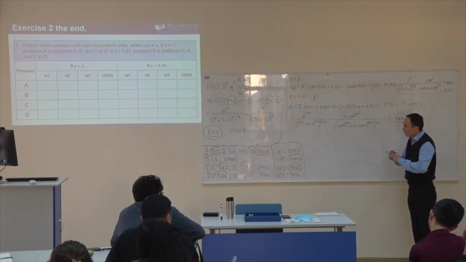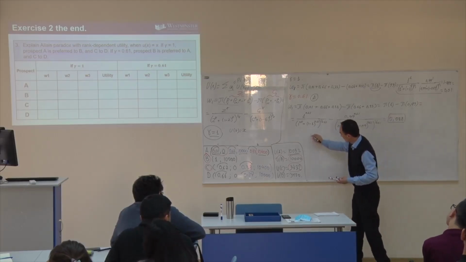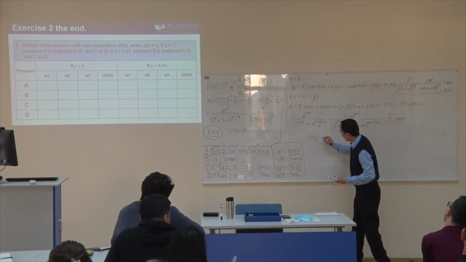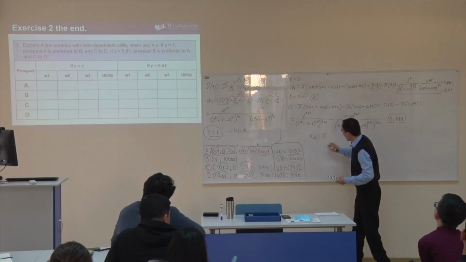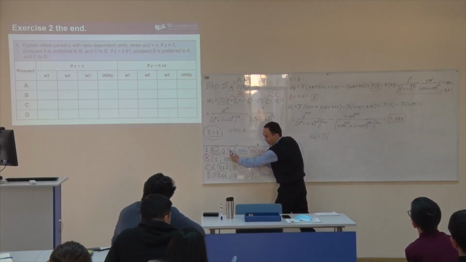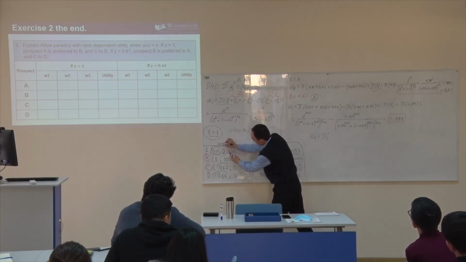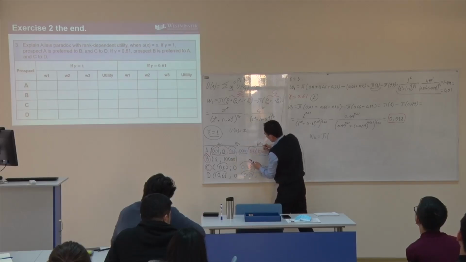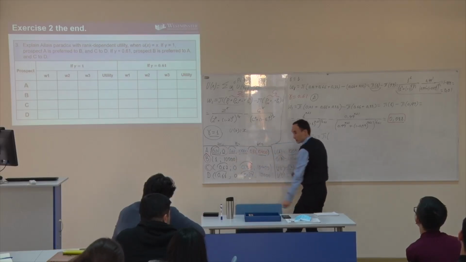In order to find W2, look, we will start from this part. W1 will be considered from here. W2 will be considered from here. W3 will be considered from here. So we will consider this one.